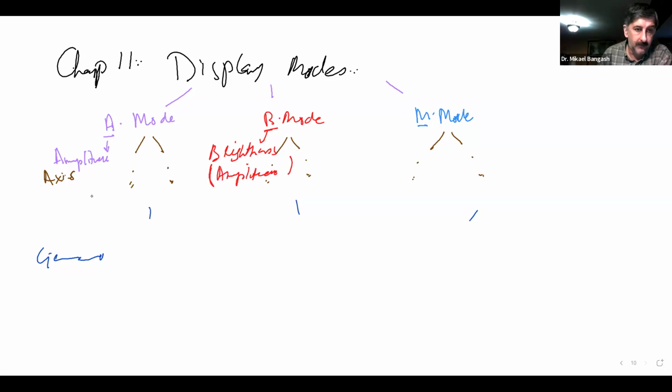Whereas M, if you recall the other day when I turned on the M mode, stands for motion.